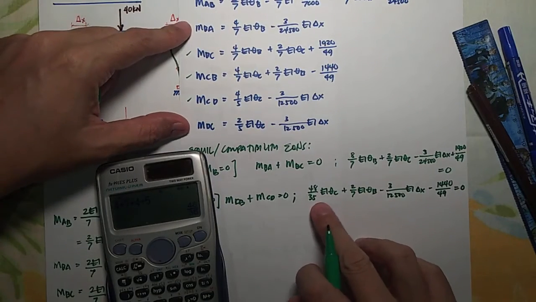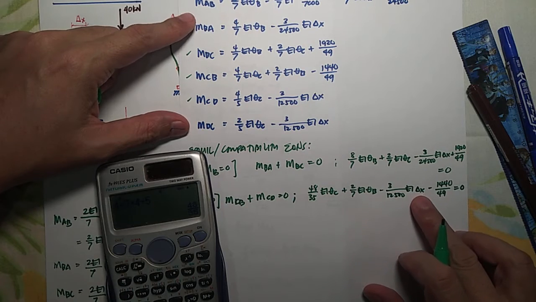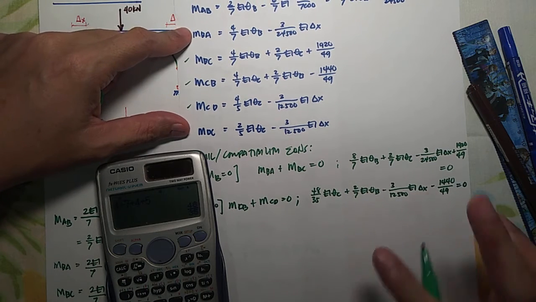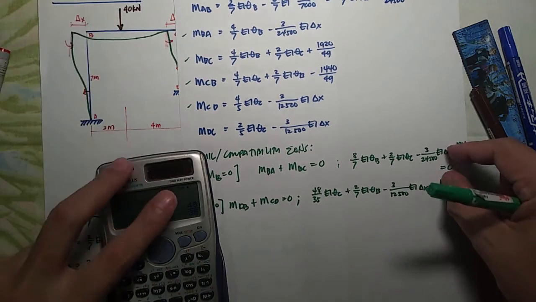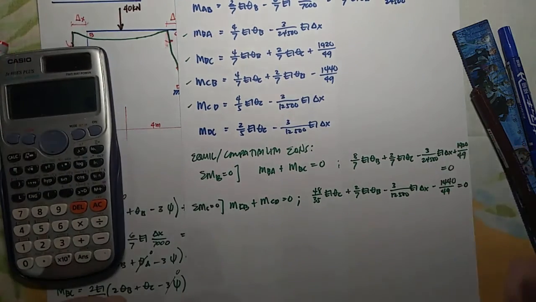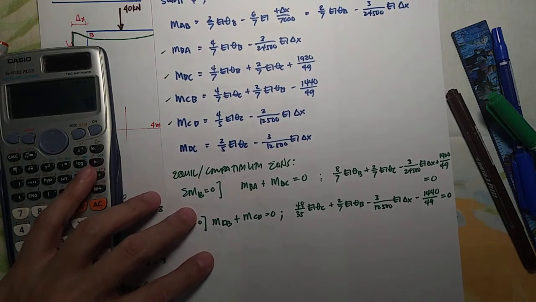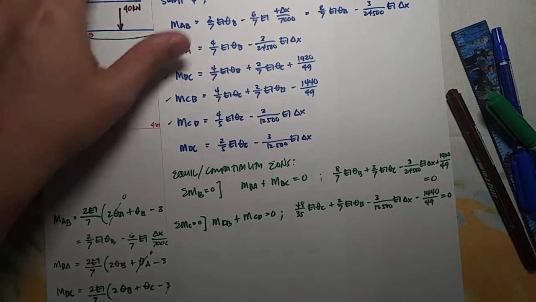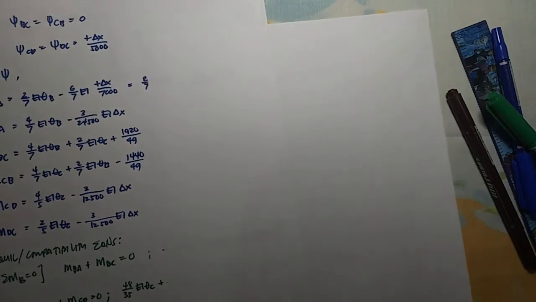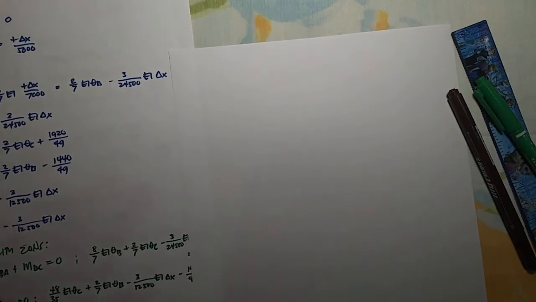So as you can see from this equation, we have unknowns theta C, theta B, and delta X. So we have three unknowns, yet we have only two equations pa lang. Okay? So we need to generate another equation to solve for these three unknowns. So saan manggagaling yung last third equation? Okay, so we will be having the third equation from statics equilibrium.